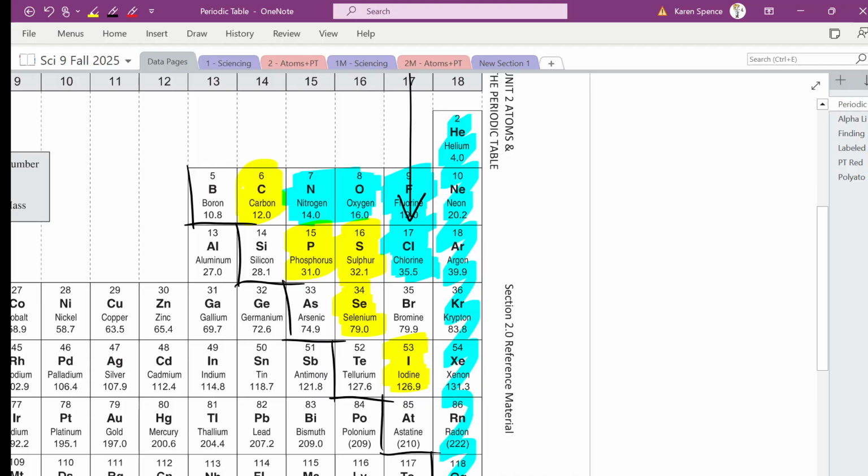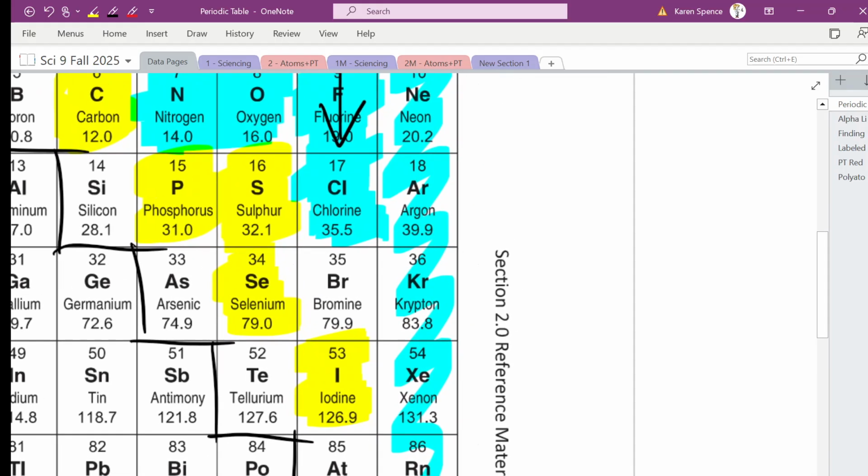So nonmetals are a mixture of solids and gases, with one exception. Who's our little exception there? Bromine. Do you remember seeing bromine on that video?